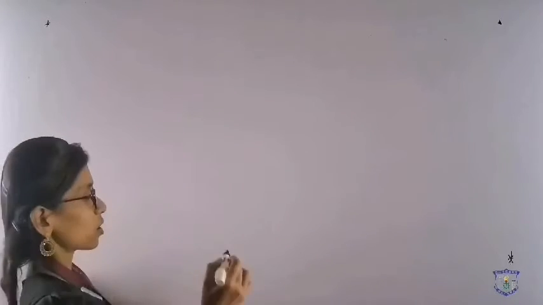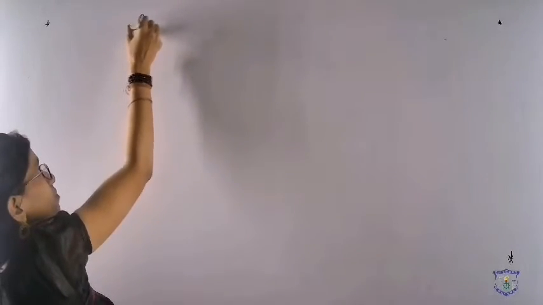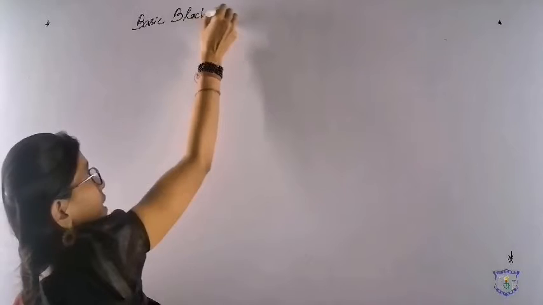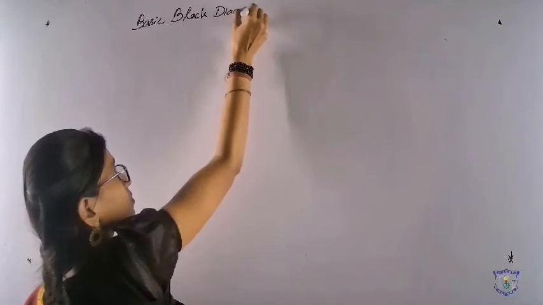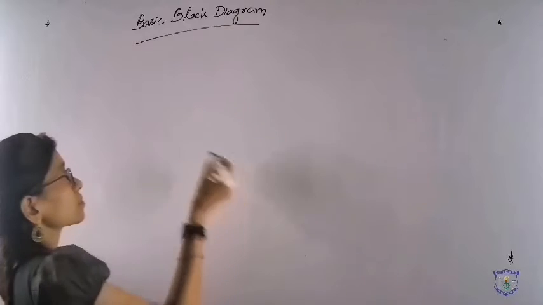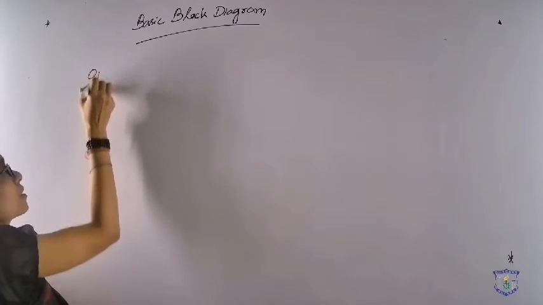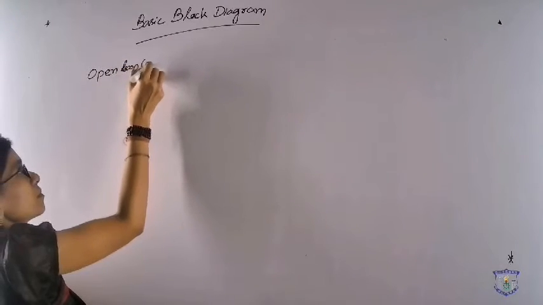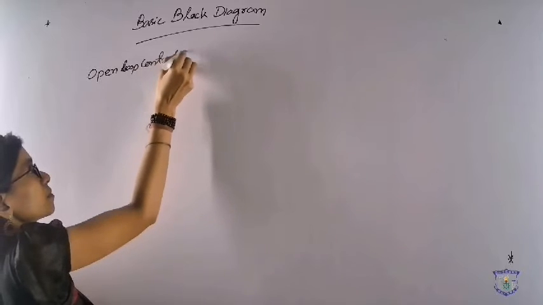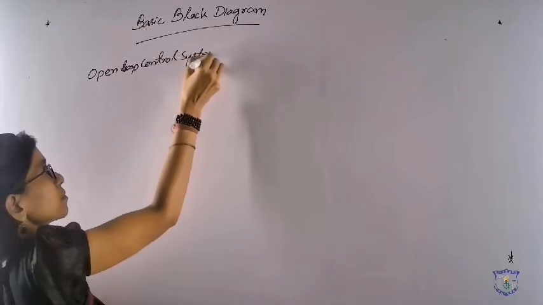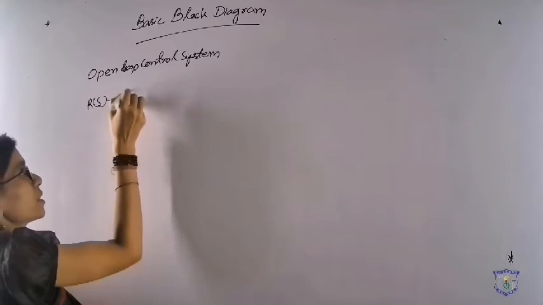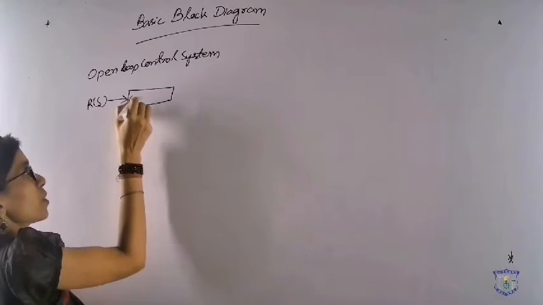In an open loop control system, there is simply a controller block. Let me show you the basic block diagram. If I show an open loop control system, I simply take the input to a controller block.